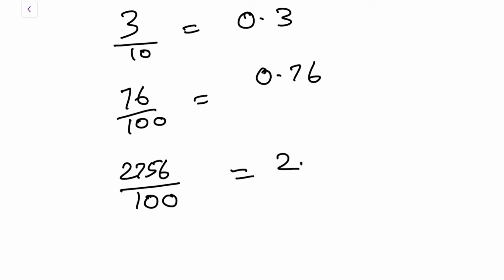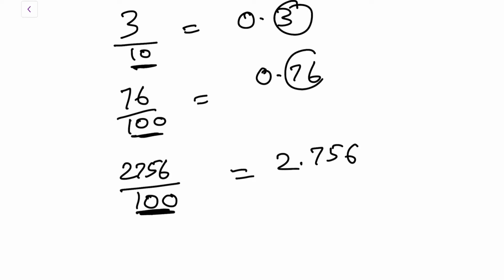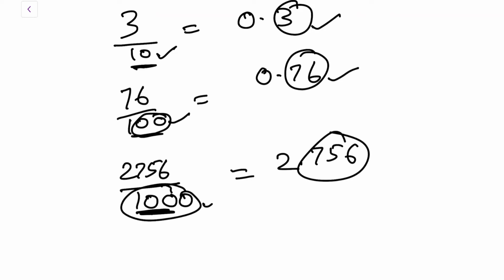That means what can you observe from this? The number of zeros in the denominator indicates the number of decimal places. Here you have 10, 1 zero, therefore you have 1 decimal place. Here for 100 you have 2 zeros, therefore you have 2 decimal places. And for 1000 we have 3 zeros, and therefore we have 3 decimal places.